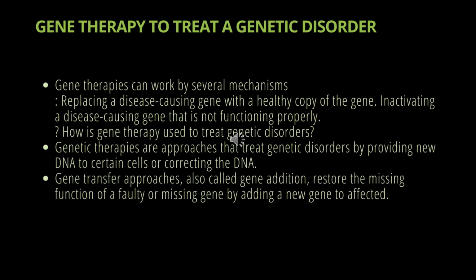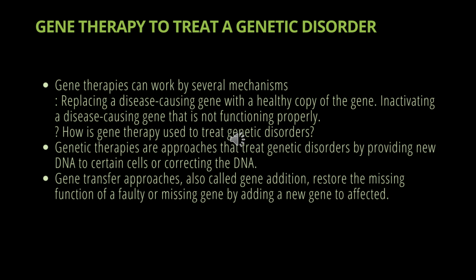So in this slide, let's discuss gene therapy. Gene therapies can work by several mechanisms, right? The main process is that it modifies a person's genes to treat or cure disease.